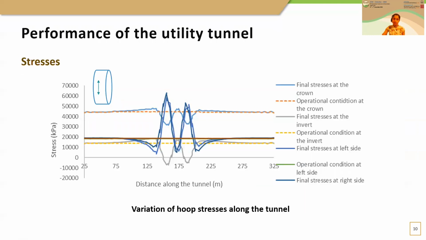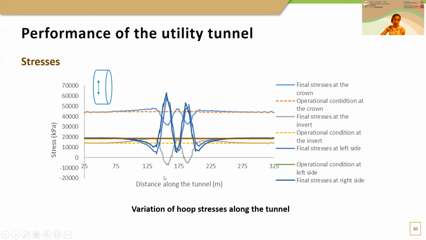Looking at the stresses, these dotted lines show the initial stresses in the utility tunnel before the road tunnel construction. Once the road tunnels are constructed, you can see the evolution of these stresses. Positive stresses mean tension and negative stresses mean compression.